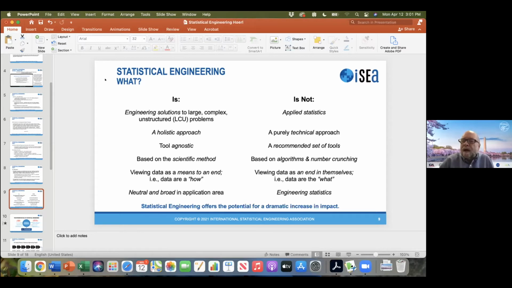So it's not about data per se, it's about problems. It's neutral and broad in application area. It's not engineering statistics. That is, we can't reverse the noun and the adjective. Engineering statistics is about applying statistics in engineering, whereas statistical engineering is about engineering solutions to large problems, utilizing data along the way.